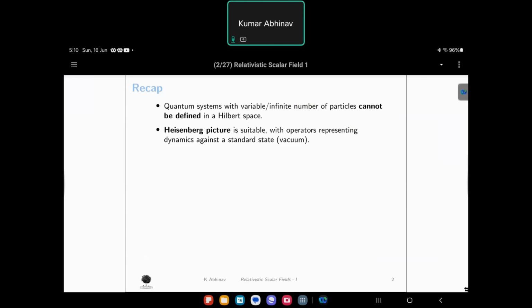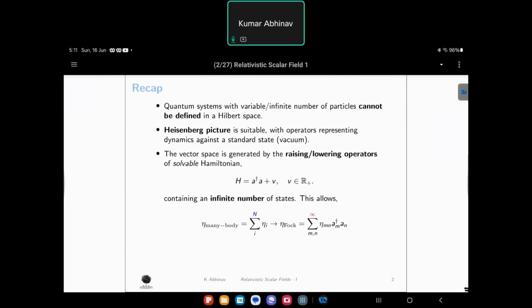The corresponding so-called wave function does not evolve in space or time, and usually it represents a standard state of the system, which is called the vacuum, a state of the system where no particles are present, and the rest of the evolution of the system is represented through the evolution of the operators.